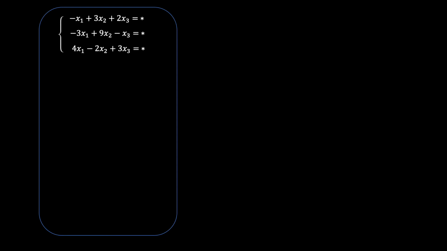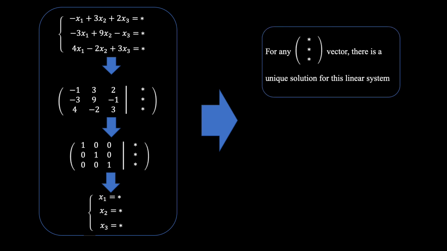Let's use star to represent an arbitrary real number and apply Gauss-Jordan elimination on the linear system when b is an arbitrary vector. The result shows there will always be a unique solution corresponding to the arbitrary vector b that holds the equation in this example.